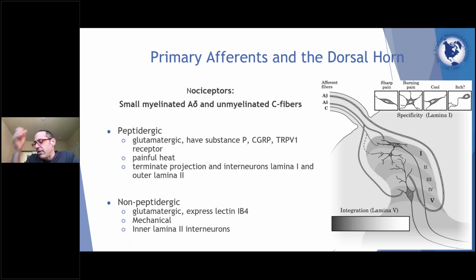Anatomically, the non-peptidergic fibers project to the inner lamina 2. They tend to receive more mechanical painful stimuli, and they can be, in research terms, described using the lectin IB4 antigen by immunohistochemistry.